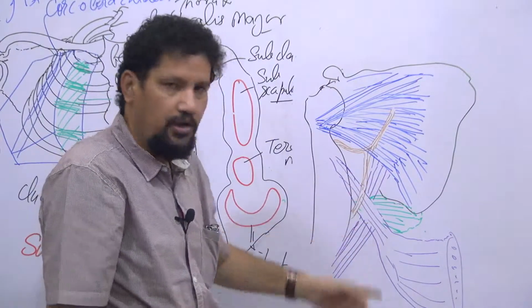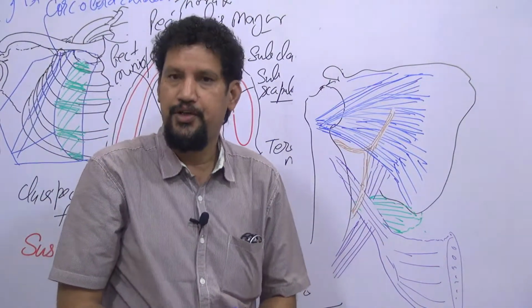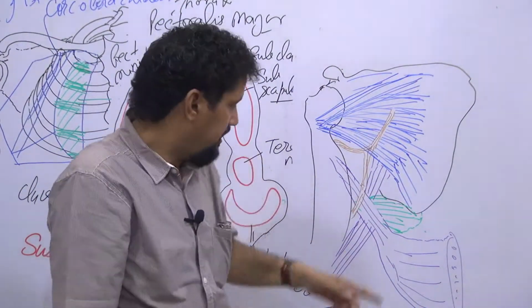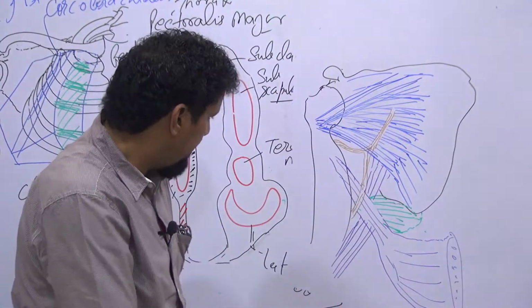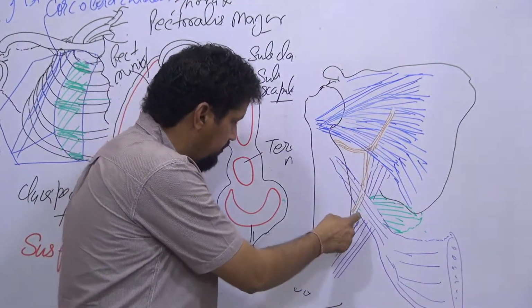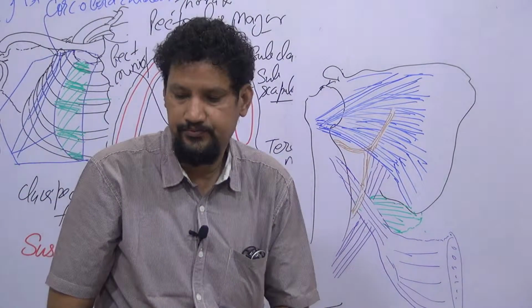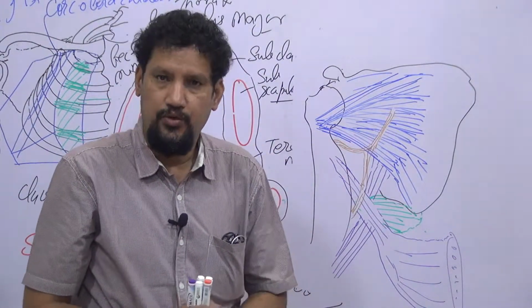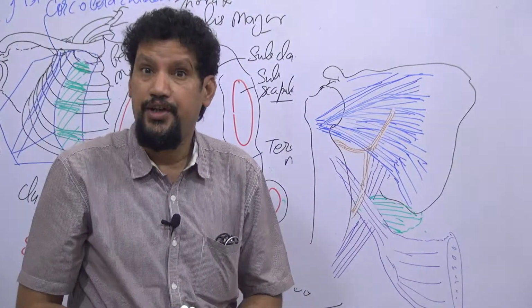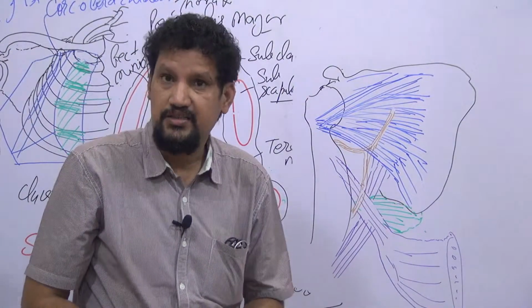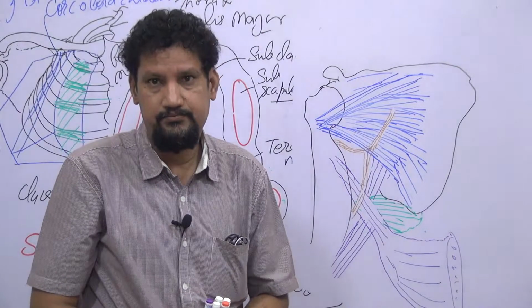The other big nerve of the upper limb, the radial nerve, descending downwards and leaving the axilla through the lower triangular space.